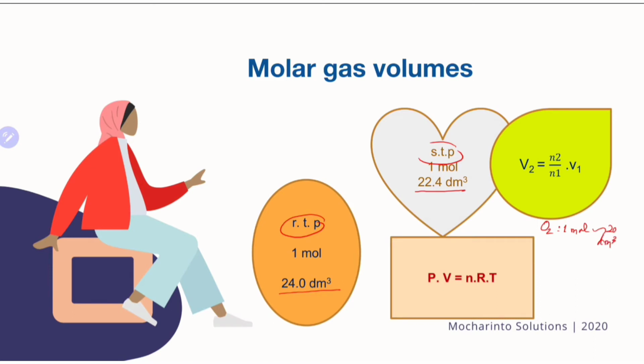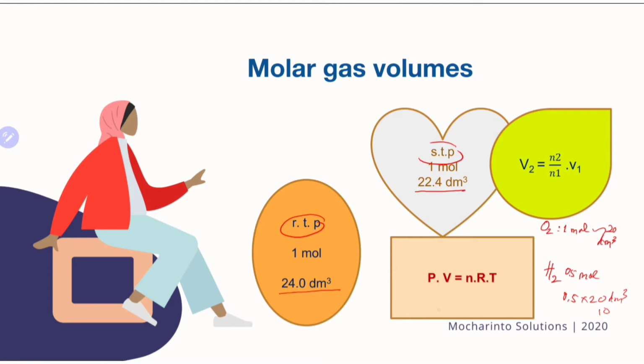Then we can find out for H2, the volume of H2 for, let's say, half mole. So half mole of H2 will have the volume of half times 20 dm cube. That's 10.